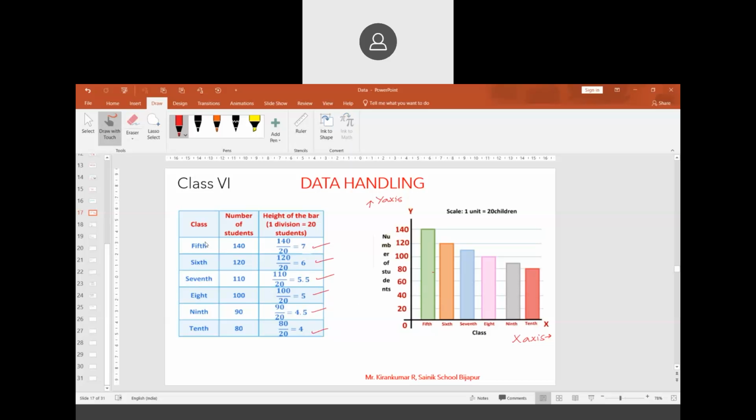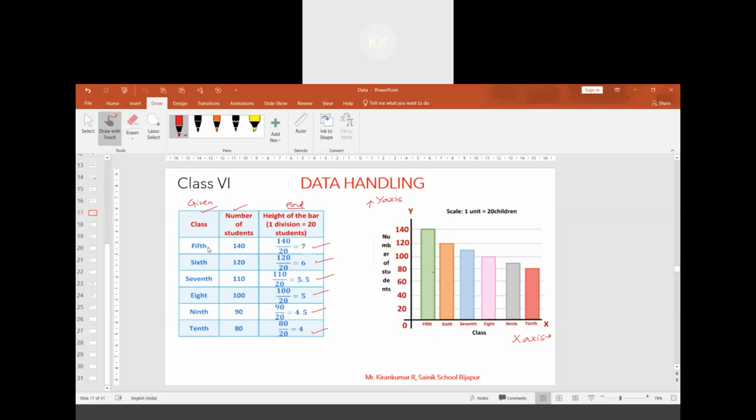These two things are given: the class and the number of students. These are to be found. So we need to find the height of bars for each of the categories.